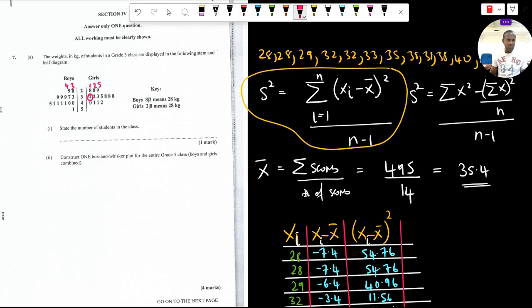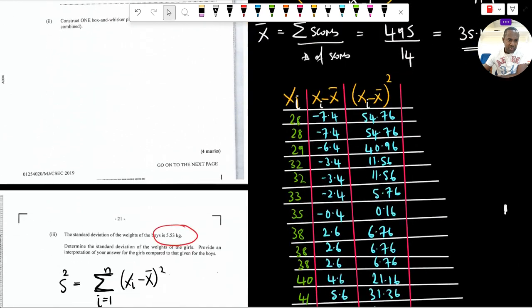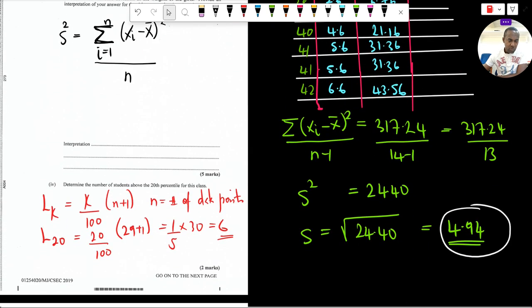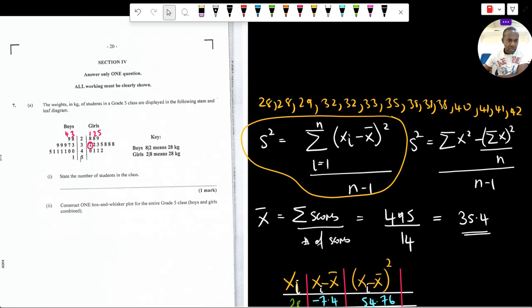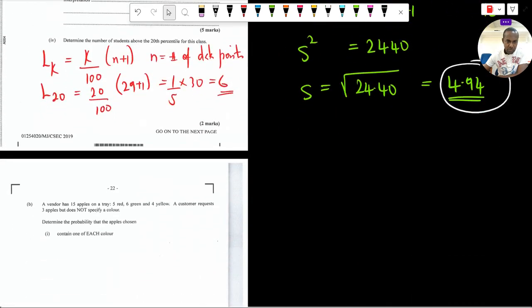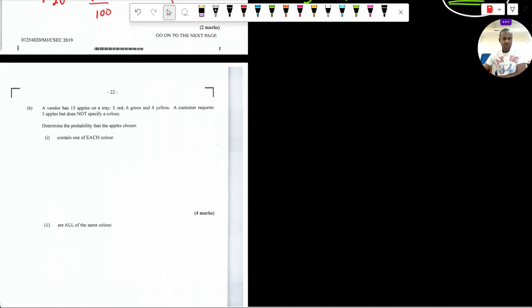It therefore means that there would be 23 people above the 20th percentile. All right? So the number of students above the 20th percentile of this class would be 23. That is the number of weights which are to the right of the 20th percentile item, which of course is the first 32. All right? Good.